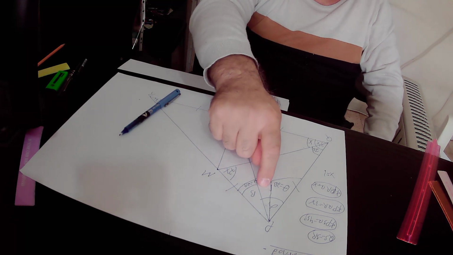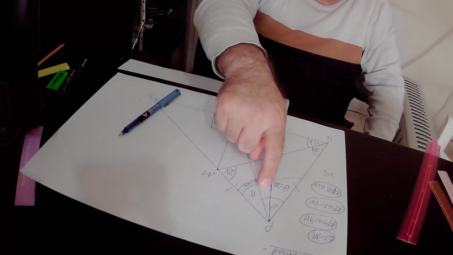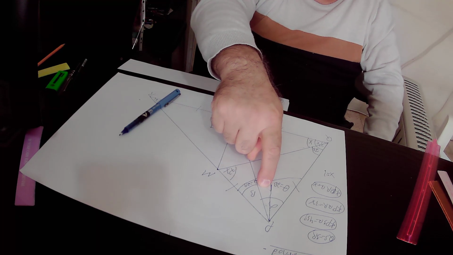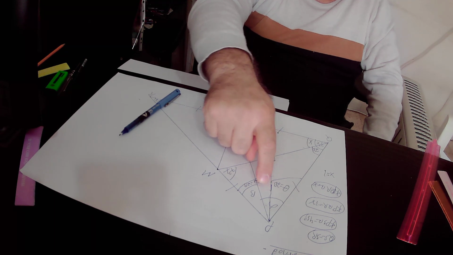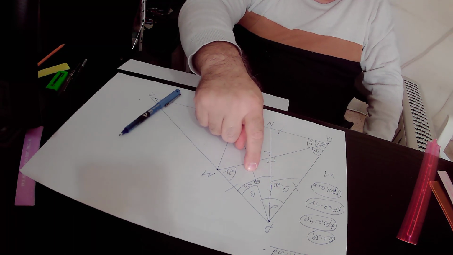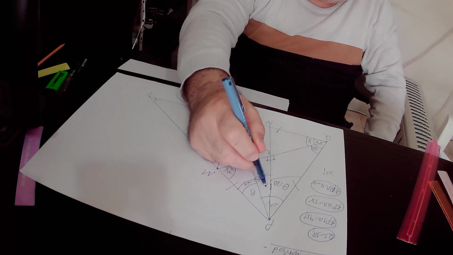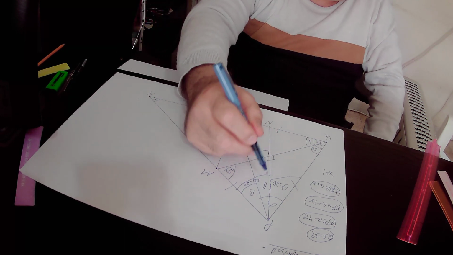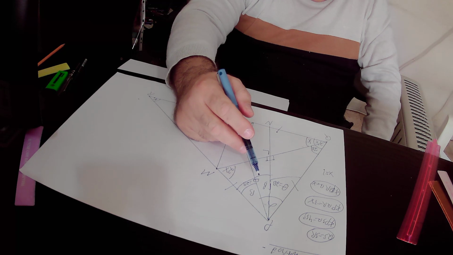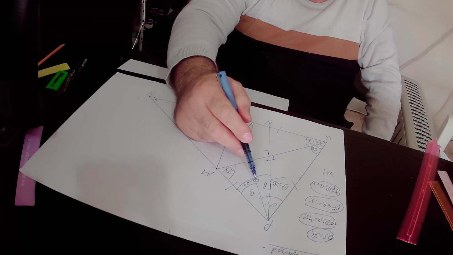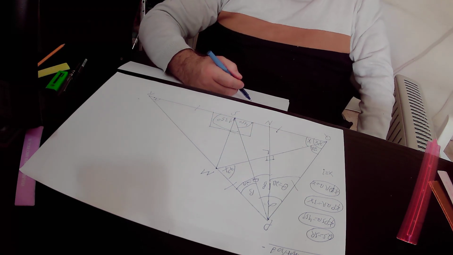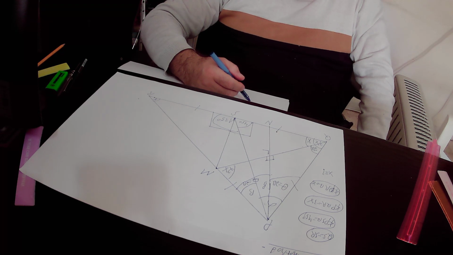So this angle must also equal beta in order that beta plus beta will be equal to theta. Okay? This angle must also equal beta because of the fact that beta plus beta equals theta. Okay?